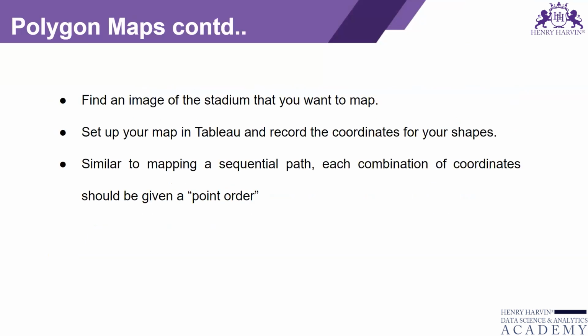Okay, now let's say you want to map the shape of a stadium. Generally in India, the cricket stadiums are mostly oval in shape. Otherwise, if you see something like a baseball stadium, it's in the shape of a pentagon.